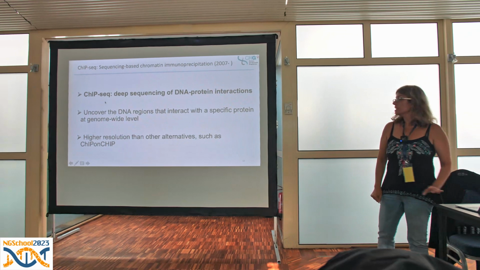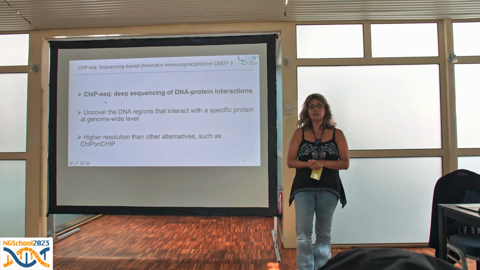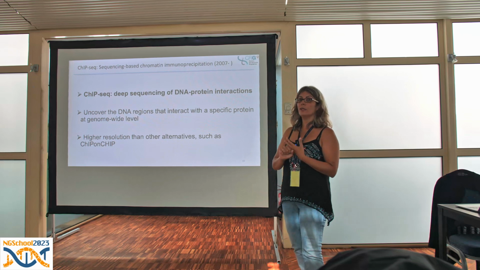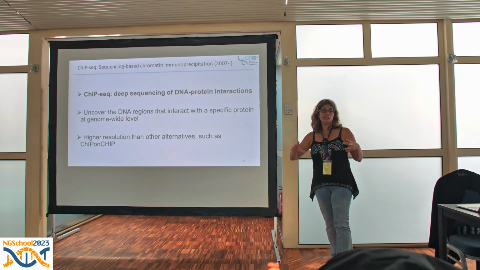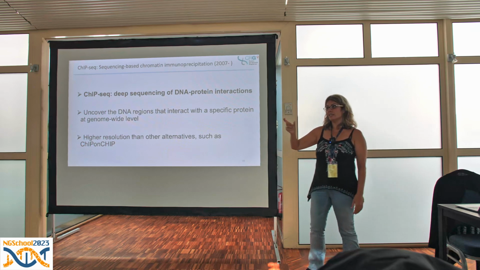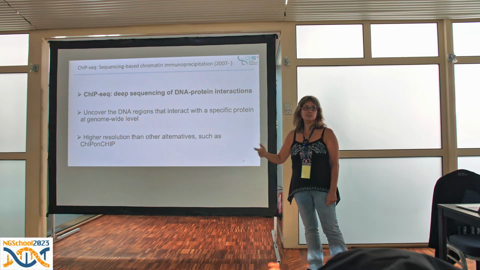Okay, ChIPseq is the sequencing of the DNA-protein interaction. So I told you chromatin is very important, transcription factors are very important. So our goal here is to know where our protein is binding to the DNA at the genomic level. Many years ago, people did it at the local level. So we performed experiments, we do qPCRs, and then we check for all our targets.